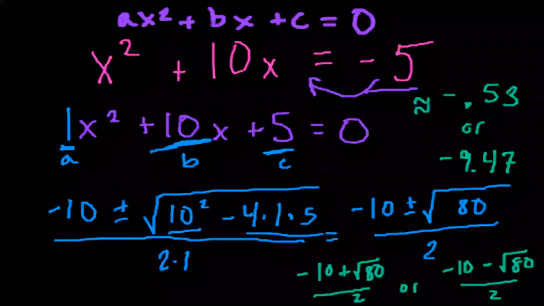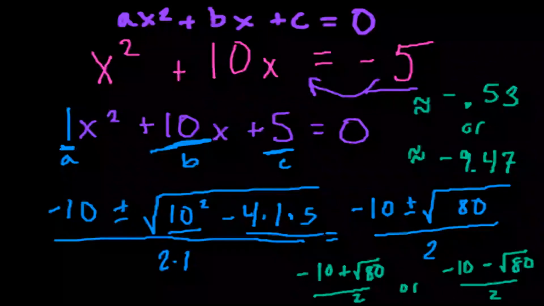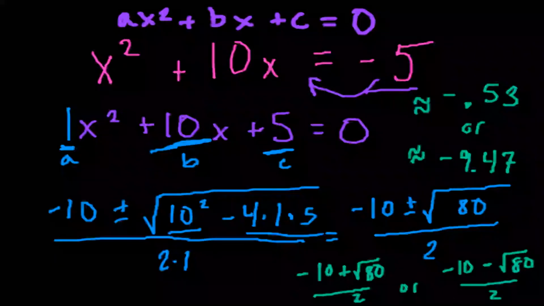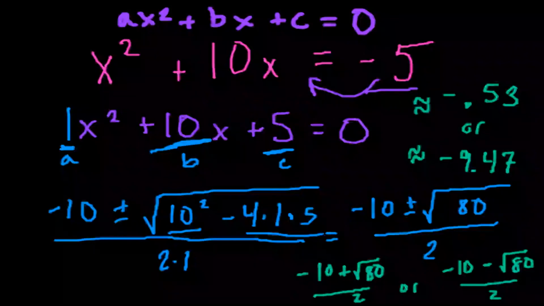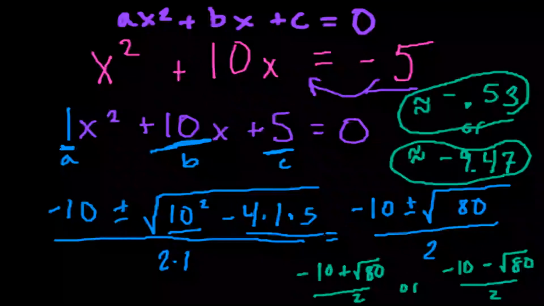So here's my symbol for approximately equal. We make little wiggly equal signs, which means equal but not quite, because I've rounded it, obviously. Why did I have to round it? Well, that's what we're here to talk about. I had to round it because of the square root of 80. Square root of 80 is not a perfect square.